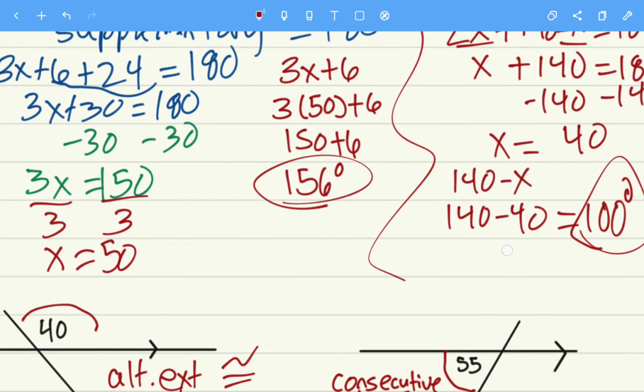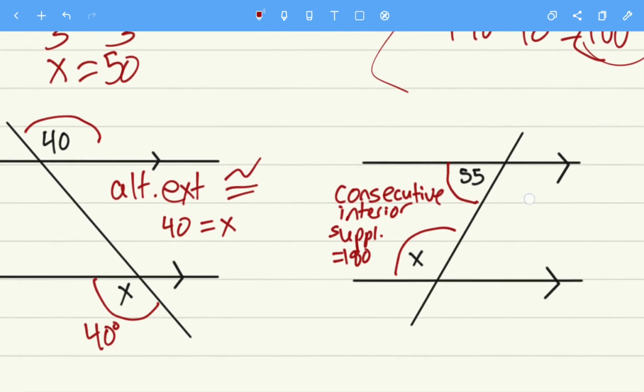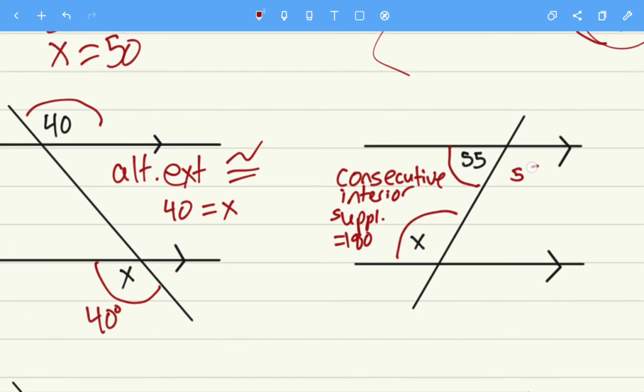So we're going to treat this just like we did up here and do 55 plus x equals 180 and solve for x. So subtract 55 from both sides. You get x equals 125. And we are done with that.